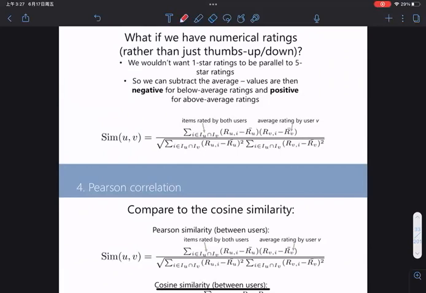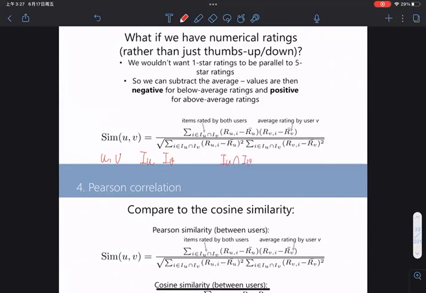So for example, we are going to consider the similarity between the user U and user V. The items purchased by user U is IU, and the items purchased by user V is IV. So the numerator will be IU intersection with IV.